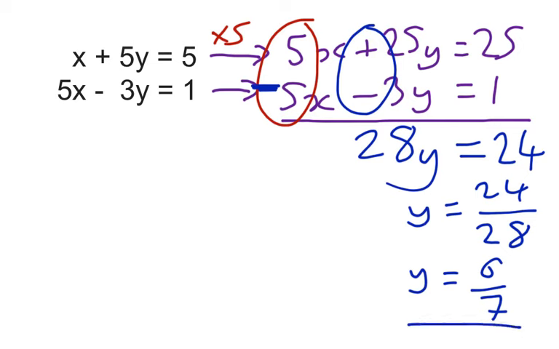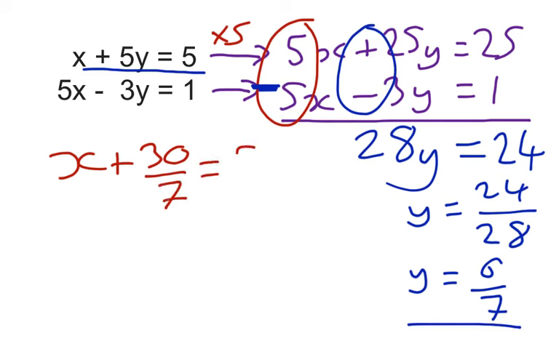Now we substitute this value back into one of our original equations, and if we substitute it into the first one, we're going to get x plus, well, 5 times 6 is 30 over 7 equals 5.